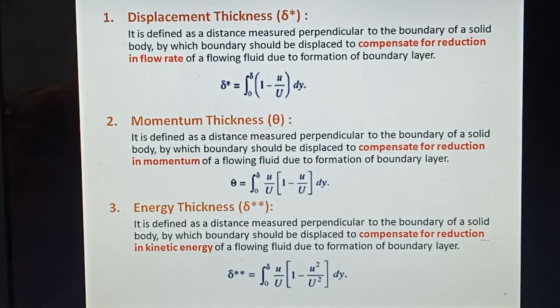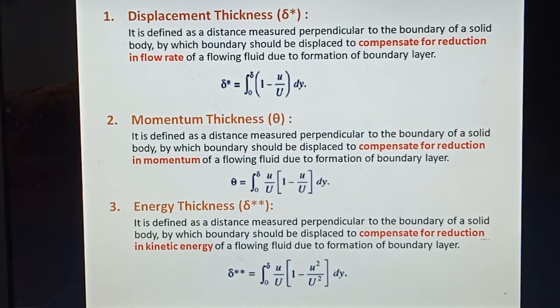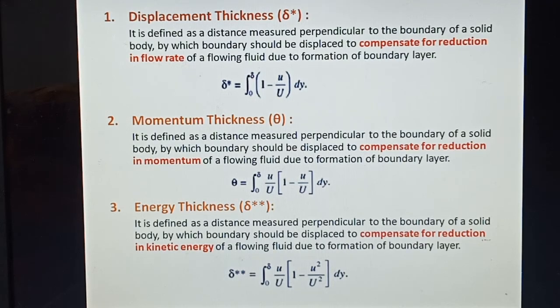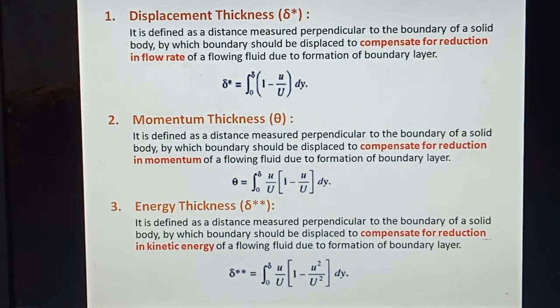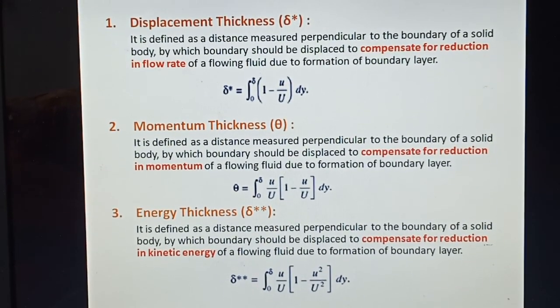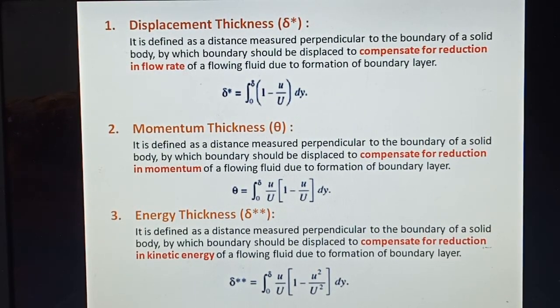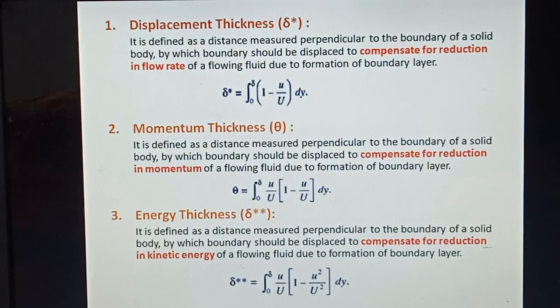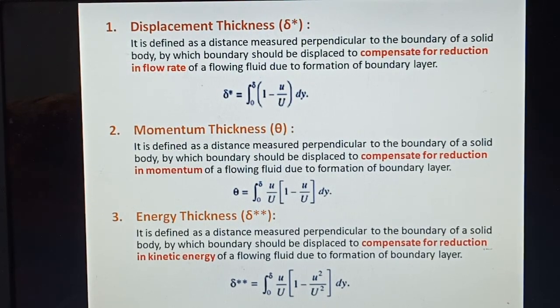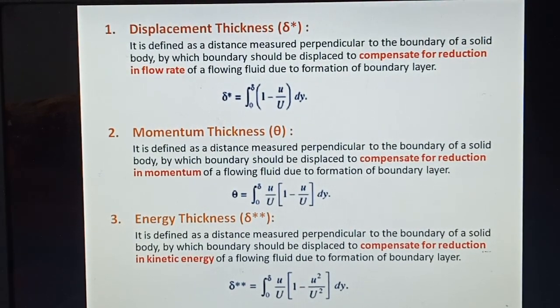First is displacement thickness. It is defined as a distance measured perpendicular to the boundary of a solid body by which the boundary should be displaced to compensate for the reduction in flow rate of a flowing fluid due to formation of boundary layer.